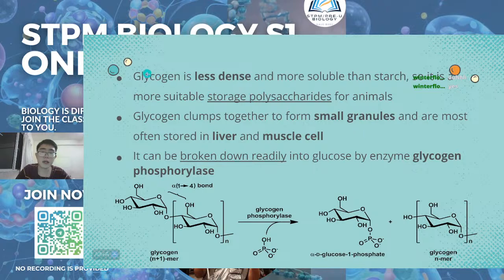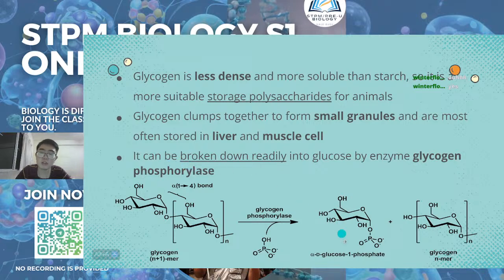Glycogen is less dense and more soluble than starch, so it is a more suitable storage polysaccharide for animals. Glycogen clumps together to form small granules and is most often stored in the liver and muscle cells. Not all cells in animals store the granules, but normally liver and muscle cells take part in it.